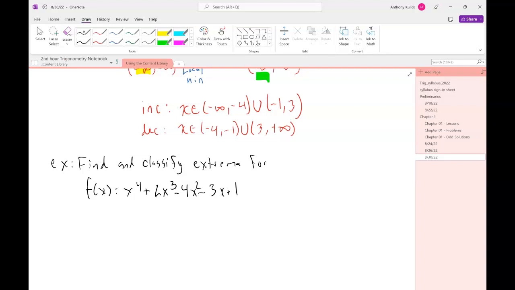Sure, yeah. You want to start by typing it into your calculator? That sounds like a reasonable first step.